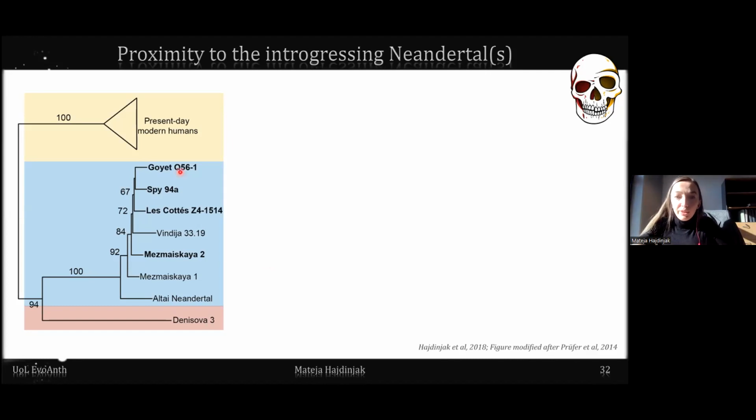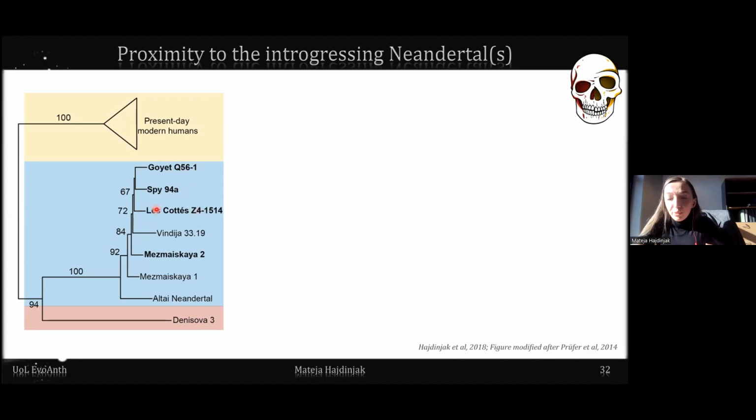The two Neanderthals from whom we have genome-wide data from Belgium have in all tests been significantly closer to each other genetically than they are to other late Neanderthals or earlier Neanderthals.